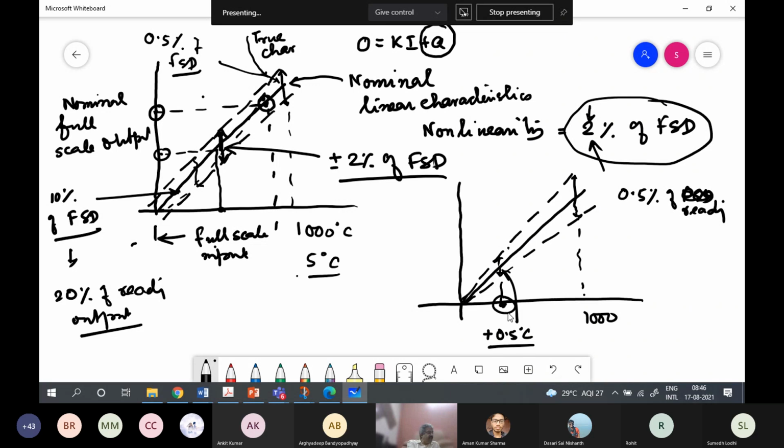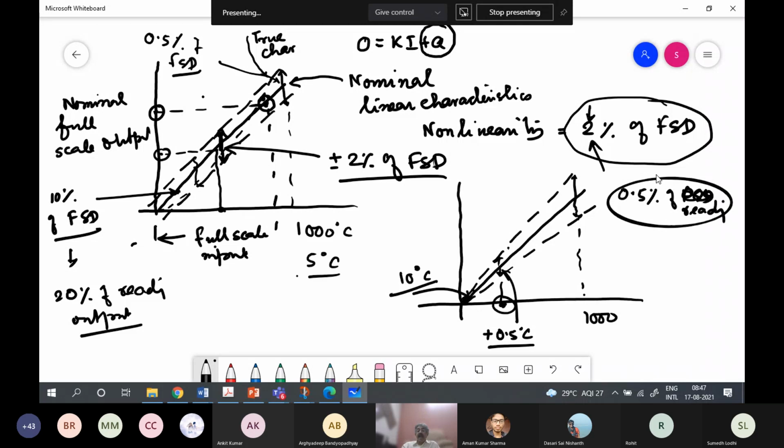Because there are some error sources which are due to interfering inputs and they are constant. They don't depend on reading. There are some error sources which are due to modifying inputs. They are multiplicative. Their effect depends on reading. So maybe up to 100 degrees centigrade I can still manage it, but if I am measuring, let us say, 10 degrees centigrade, then can I say that it is 0.5% of reading?